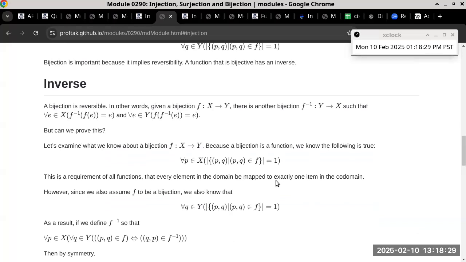Okay, so the consequence of a bijection is that an inverse function has to exist. If you have a bijection, then f is a function, because otherwise there's no way to describe it as a bijection. But there has to exist an inverse function.